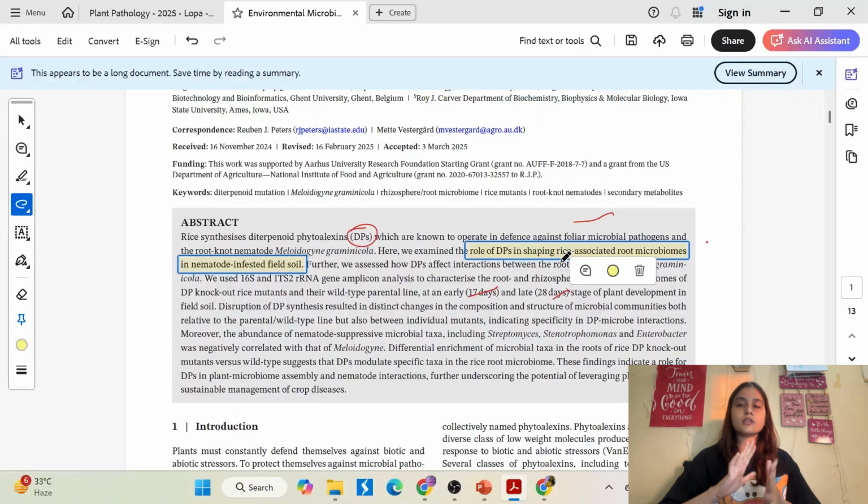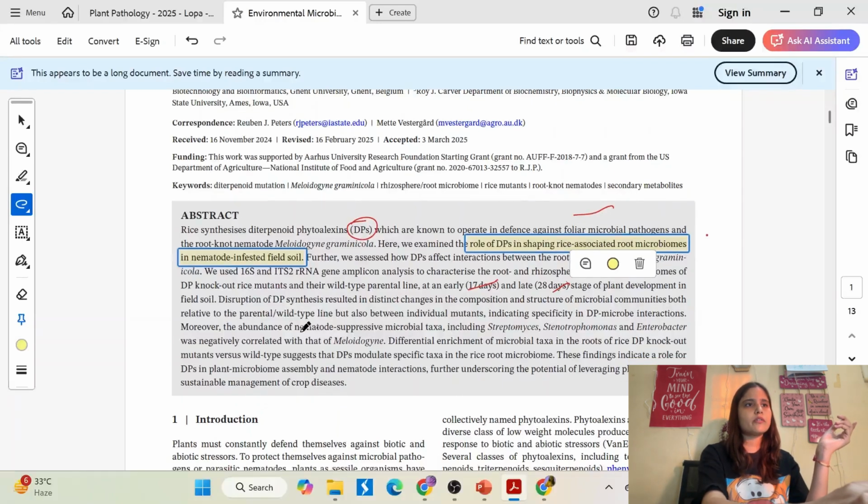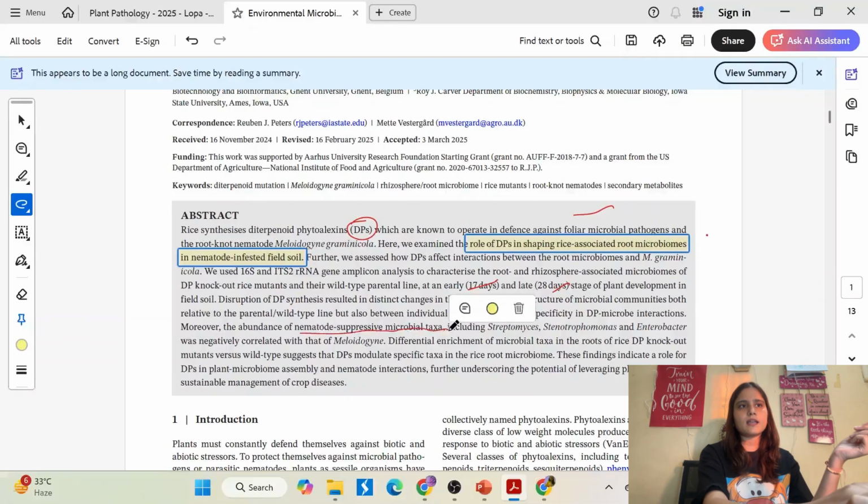There has been a difference in both. The knockout rice mutant, when sown in the nematode infested soil, has a microflora that is much different from the wild type flora. Okay, they have shown that nematode suppressive microbial taxa like Streptomyces and Enterobacter were negatively correlated with the nematode.